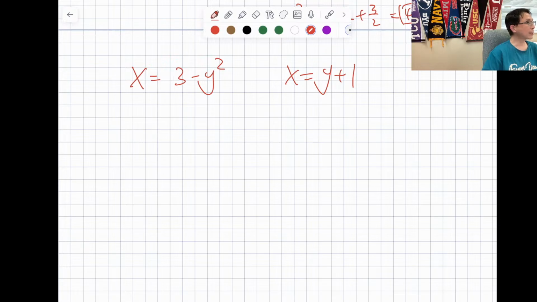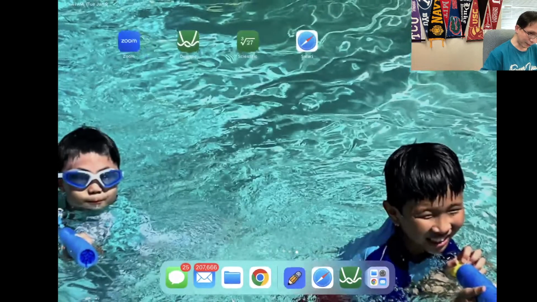Okay, how about I make it slightly easier. Do you know what x equals y squared looks like, instead of y equals x squared? Those of you who didn't know, it's a sideways problem.